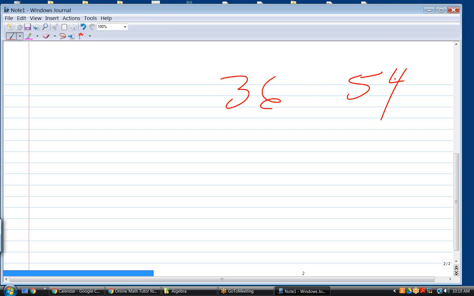In fact, let's put a plus sign between those, and let's factor out the greatest common factor. And how do we do that? Well, it's kind of a trial and error method. Let's see. Finding the greatest common factor.